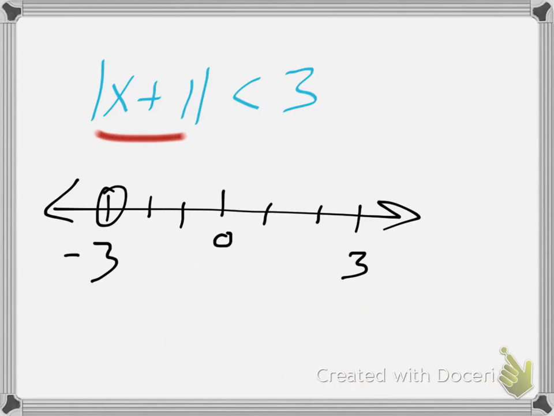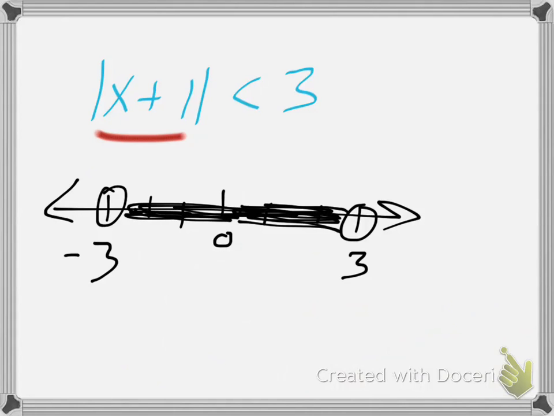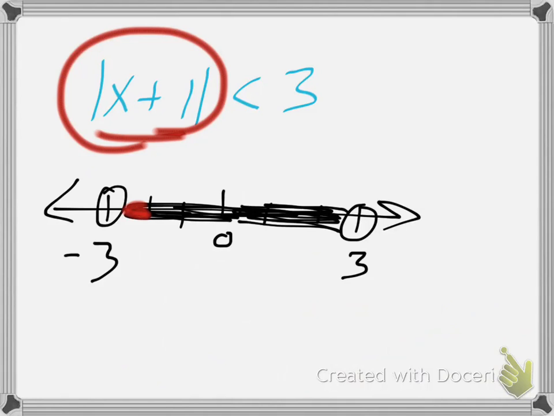Circle the 3, and for this to be less than 3, it shades this way. I'm going to stop right here, because if I plug in a -3, the absolute value of -3 is 3, and that is not less than 3. So I have to stop right here. So far, this is what I've got filled in.